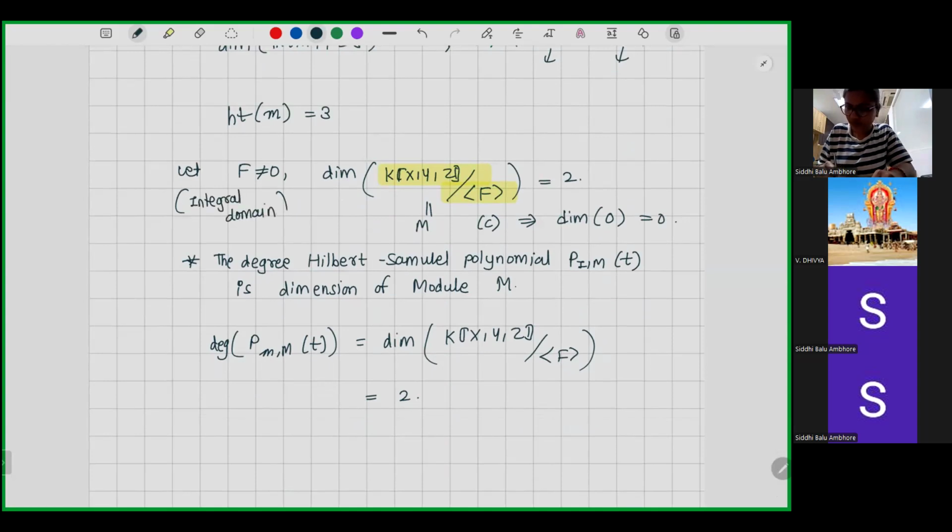So height has to reduce, and that's why the dimension of kxyz quotiented by f is 2. I hope this is clear.